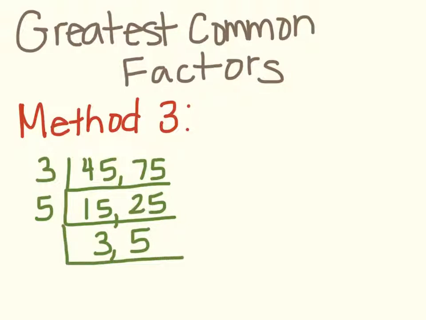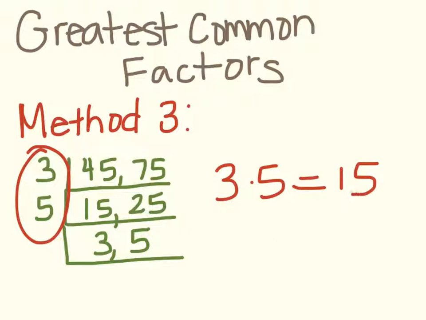Now, however, we stop. 3 and 5 have no common factor other than 1, so we're finished. We complete our steps now by taking our two numbers on our side here and multiplying them together. 3 times 5 equals 15. So our greatest common factor using method 3 is 15.